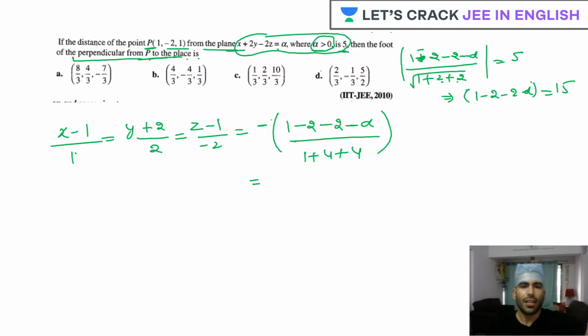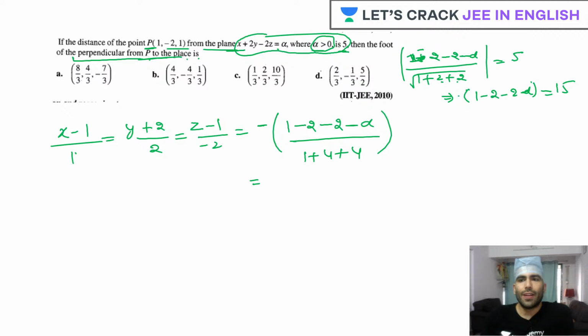Now you might say, sir, why is there a negative here and no negative there? How do we take that into consideration? I'll tell you. As you can see, alpha is positive, and here things are being subtracted: this is 1, this is 1, this is already negative, and alpha is positive.